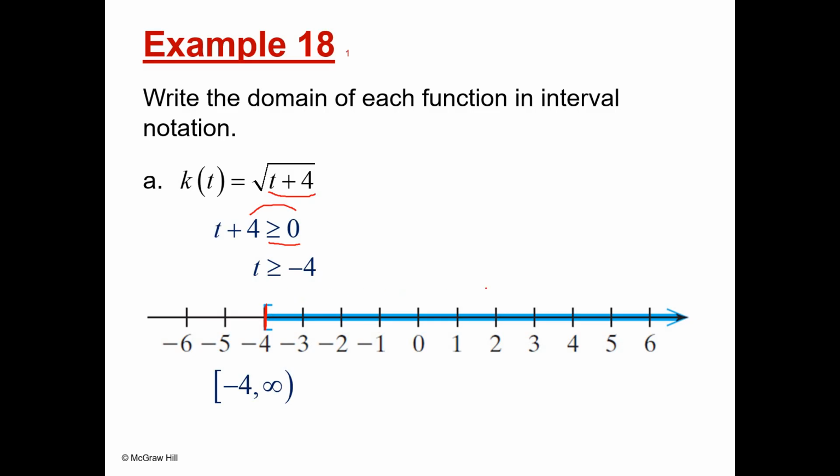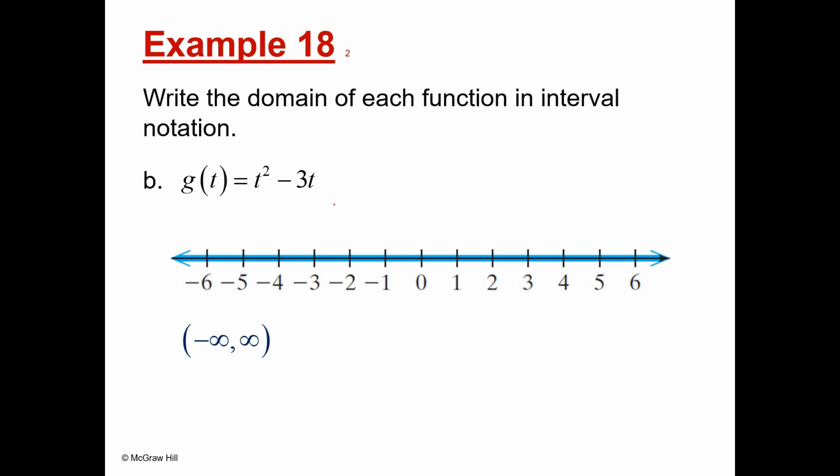Greater than minus 4 means that it's going in this direction. So all these values are included in the domain. So we're gonna write a square bracket minus 4. This is included because we have an equal here. You can see t can be equal to minus 4 up to infinity. Infinity is excluded, and you can see it over here.